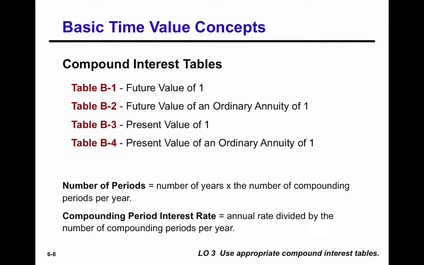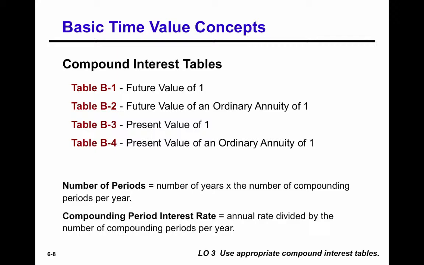So the interest rates that you see at the top are only the annual rate if the compounding periods are 1 per year. If interest is compounded once per year, if interest is compounded annually, then the number of periods down the left or right-hand column of the table corresponds to the number of years.